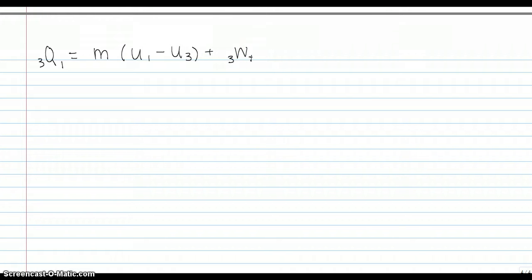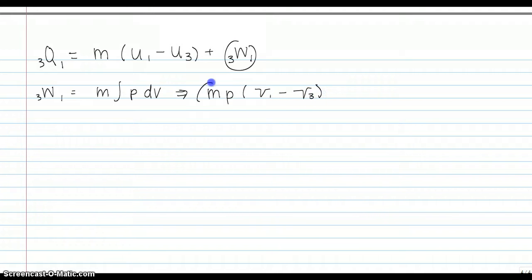We know that work from 3 to 1 is equal to the mass times the integral of P dV, which goes to mass times pressure times V1 minus V3. So you plug that into that term.